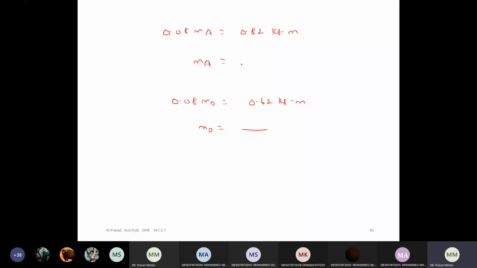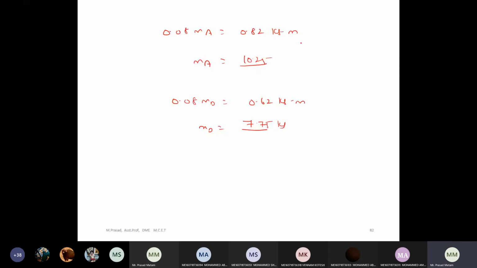Solve first. 0.82 by 0.08. 10.25 kg. You got my point? Similarly here 0.62 by 0.08, 7.75 kgs. I will show this solution also.